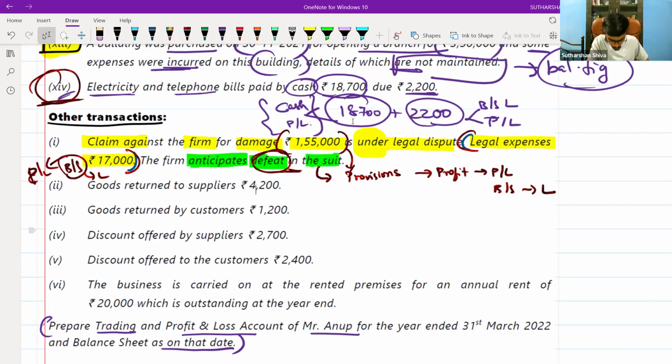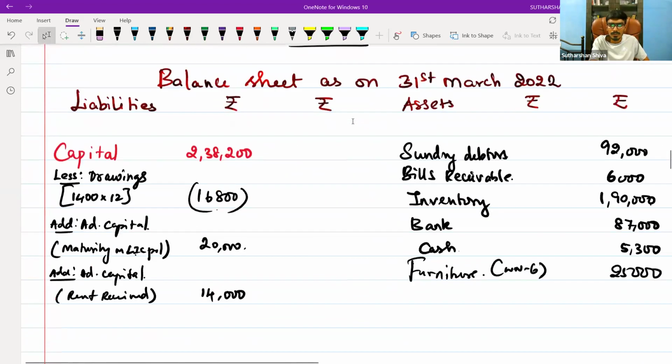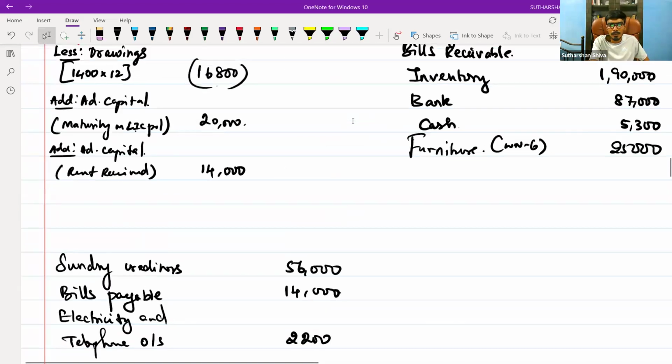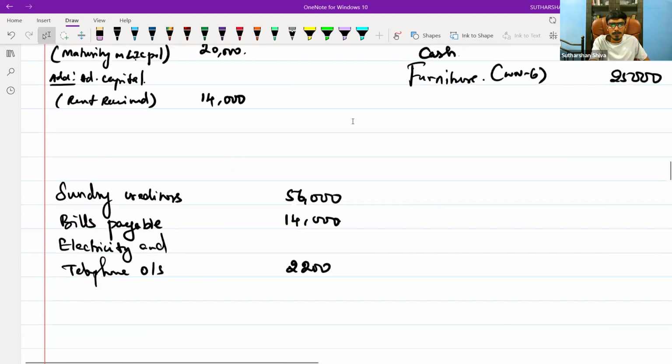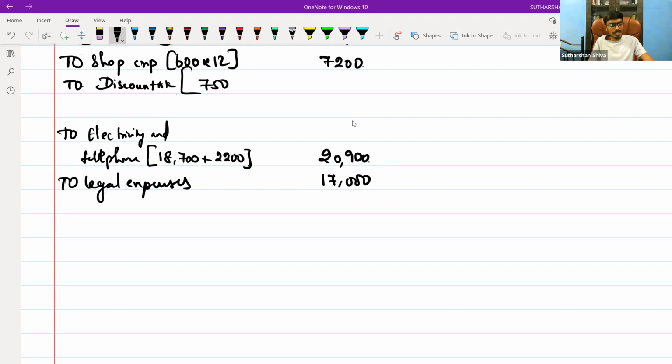It is not going to affect my cash or bank. So I will directly post the values in my P&L. I will write down legal expense. How much is my legal expense? 17,000.